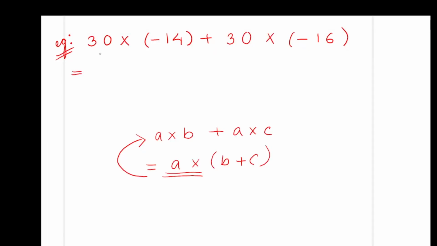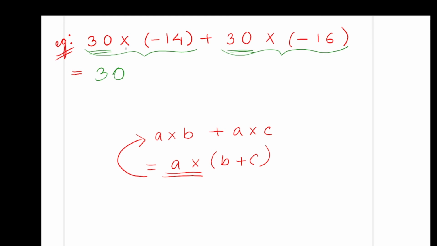If you observe, this 30 is here also, here also. Then can you take a common 30? Common means a number is present in two or three terms. Suppose I have one red pen and you also have one red pen, that means we have a common pen which is red. Similarly, 30 is common in both terms.